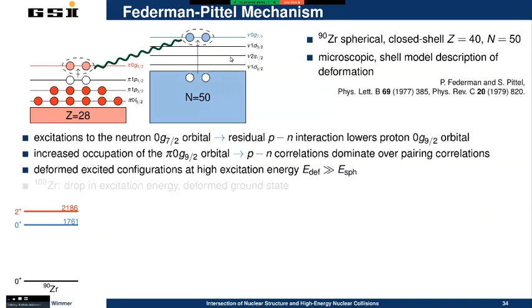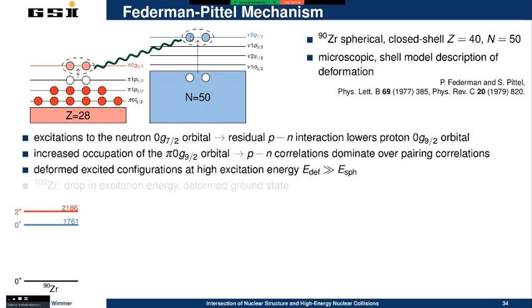Then you can have excitations where you move two neutrons out of this core into the valence space. And this, due to a strong proton-neutron interaction, leads to an excitation also on the proton side.